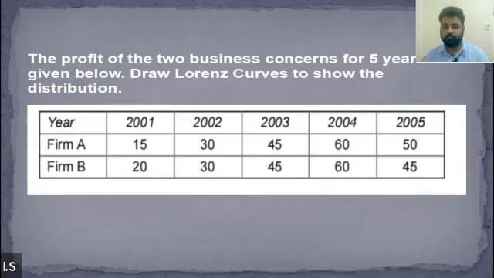Let's suppose all the information is in terms of lakhs. So in 2001, firm A was generating a profit of 15 lakhs, and firm B was generating a profit of 20. Then in 2002, 30 and 30, and accordingly in different years, different profits have been generated by the two companies. Now we need to present this information on the Lorenz curve.